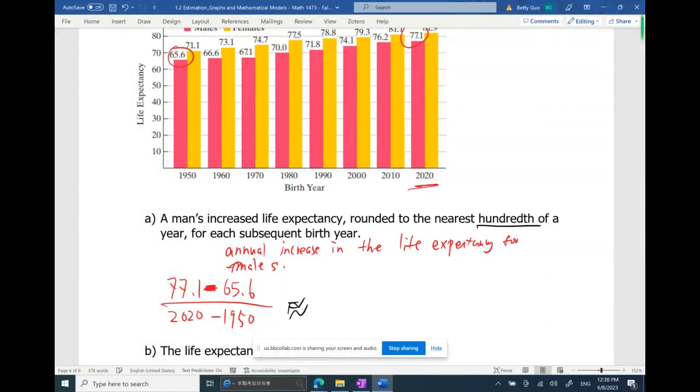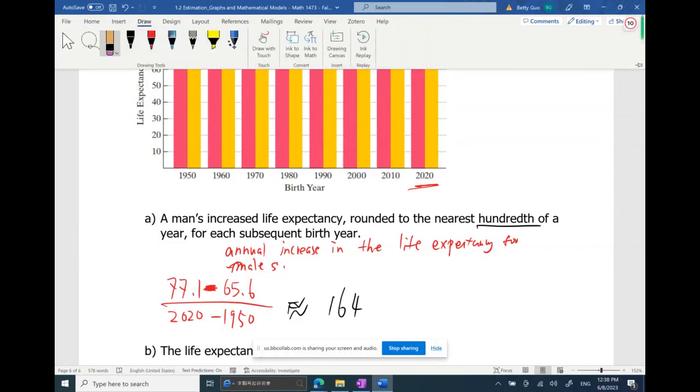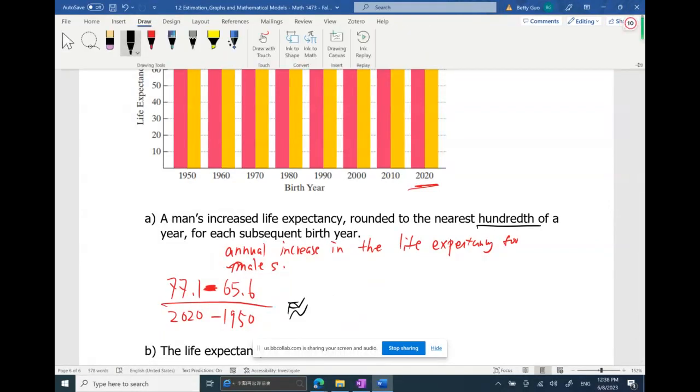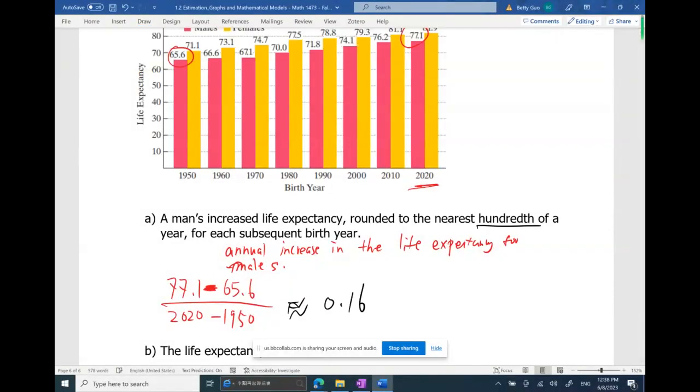And we have approximately 0.164. Oh, sorry. Let me erase that. It is 0.16. The next digit after 6 is 4. Since 4 is less than 5, we round it down.